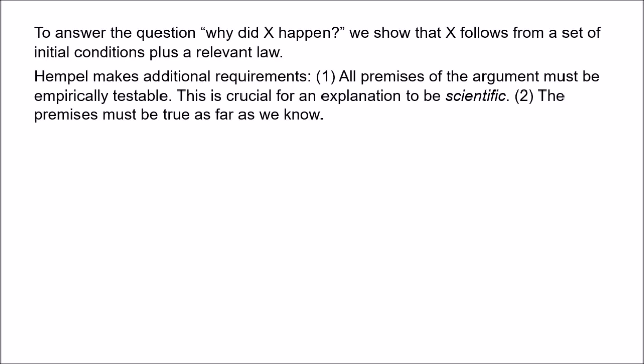So first of all, he says that all the premises of the argument must be empirically testable. We must be able to determine whether or not they're true or false, or at least we must be able to provide some sort of confirmation or disconfirmation through experiment. And that's a crucial requirement for an explanation to be scientific, because science is based on empirical testing.